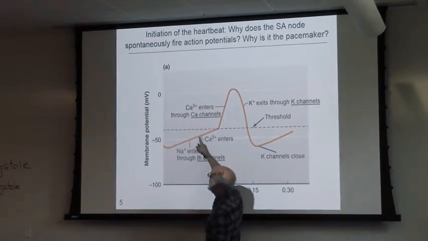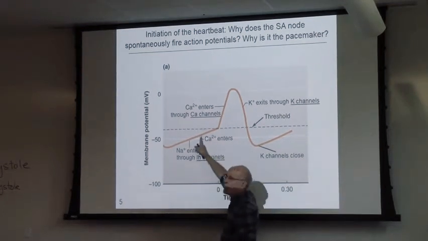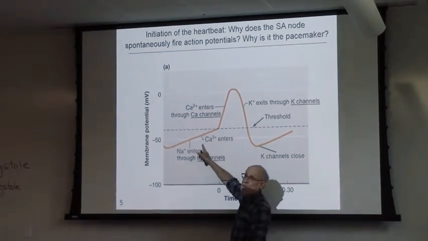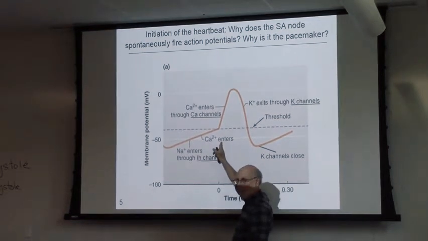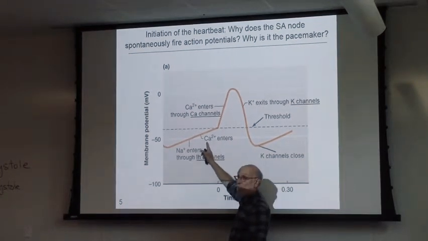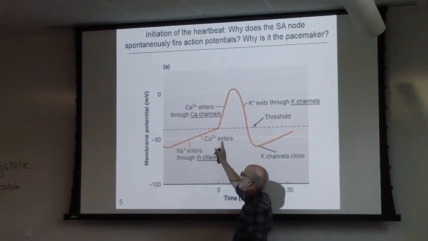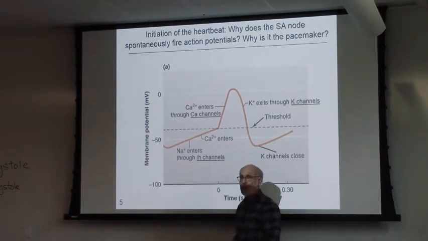That depolarization then triggers the activation of your normal voltage-gated calcium channels, the ones that we've been talking about previously. Which way does calcium flow? Calcium flows in. That calcium influx causes further depolarization.